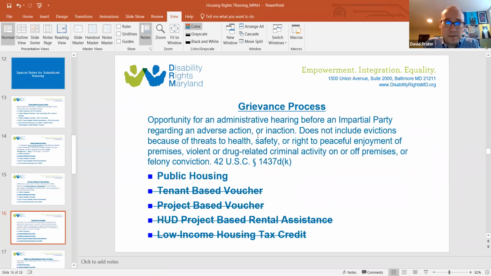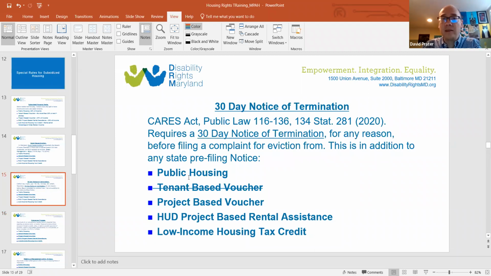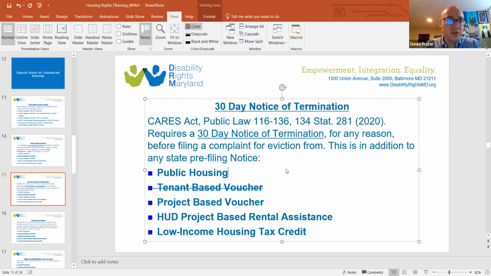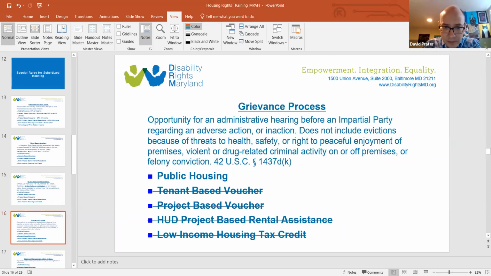So just to give an example, let's say a public housing authority says to a resident, you know what, you're breaking the house rules, that's a breach of your lease, and therefore here is a 30-day notice of termination that we're giving you. And that's consistent with the CARES Act, and that's also consistent with Maryland's breach of lease statute. A resident then has the right in public housing to say, I don't agree with that decision.